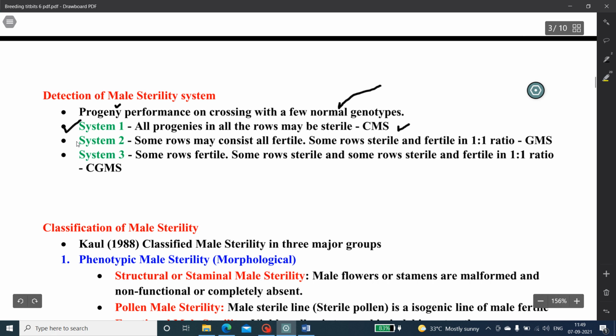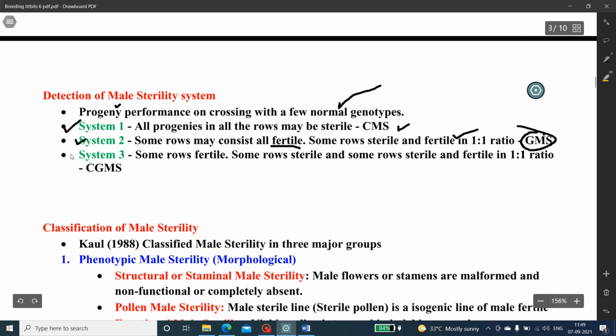And in system 2, some rows may consist of all fertile plants, but in some other rows there is an occurrence of fertile as well as sterile plants in 1:1 ratio, and that mechanism is genetic male sterility.